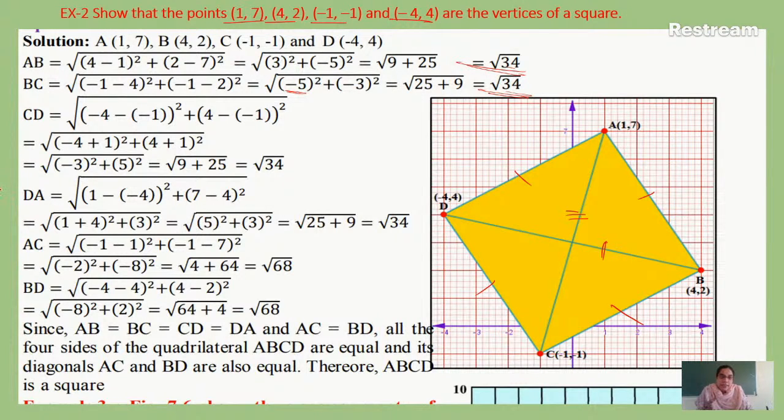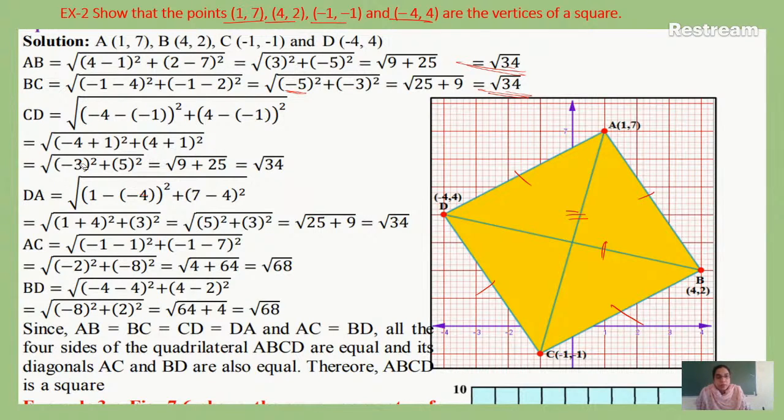In the point CD, you have CD equal to root of (-4 minus of minus 1) whole square plus (4 minus of minus 1) whole square, because the coordinate is negative here.